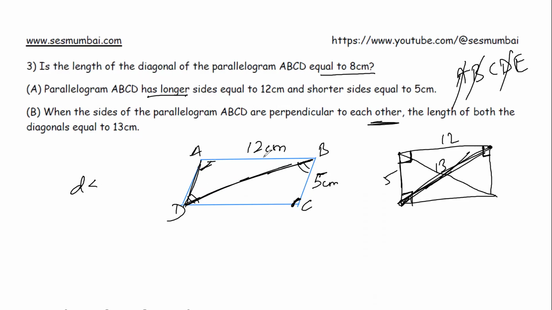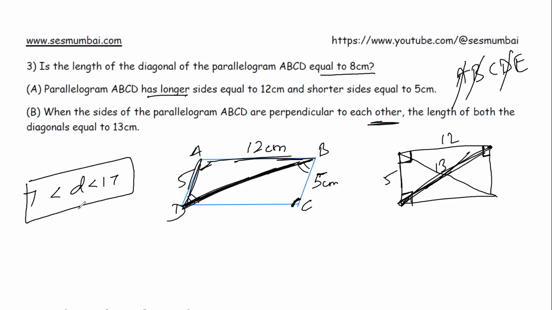If this is a triangle within the parallelogram with dimensions 5 and 12, then the third side, the unknown side, which is the diagonal, has to be less than the sum and greater than the difference. That rule we know. With that rule, it could be 8, it could not be 8. We don't know. Using both statements together, they are just confusing us. It's not answering. E is the answer. Okay, moving on to the fourth one.